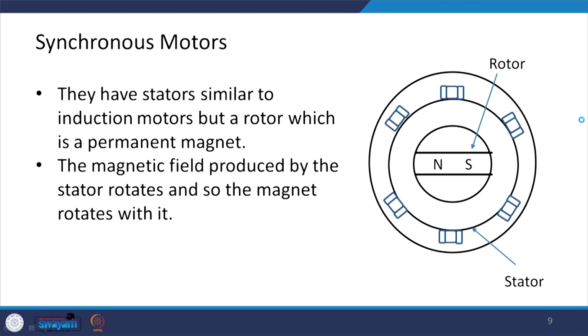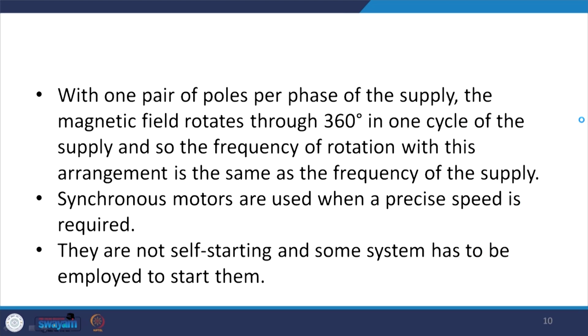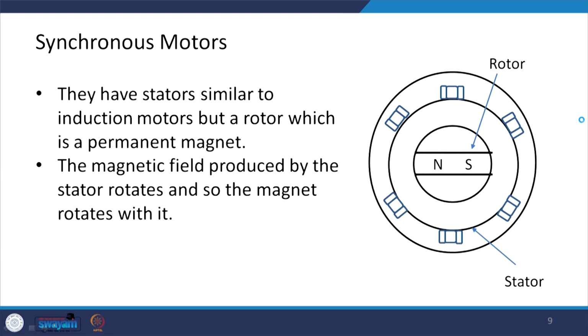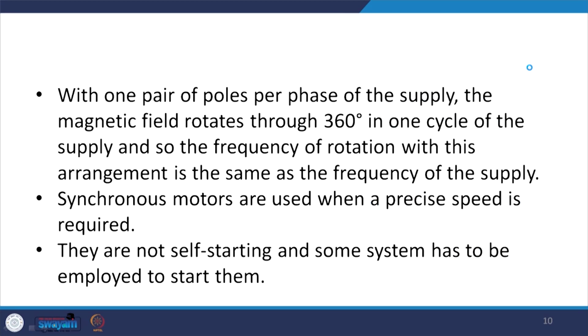But in the case of the synchronous motor, we have a permanent magnet rotor. The magnetic field produced by the stator rotates, and so the magnet rotates with it. Here you can see the stator and this is the rotor.